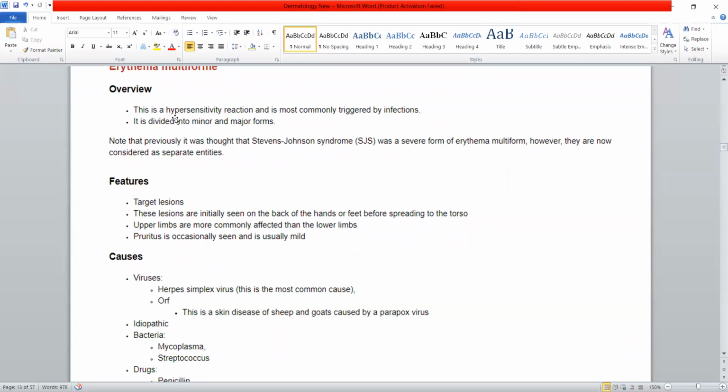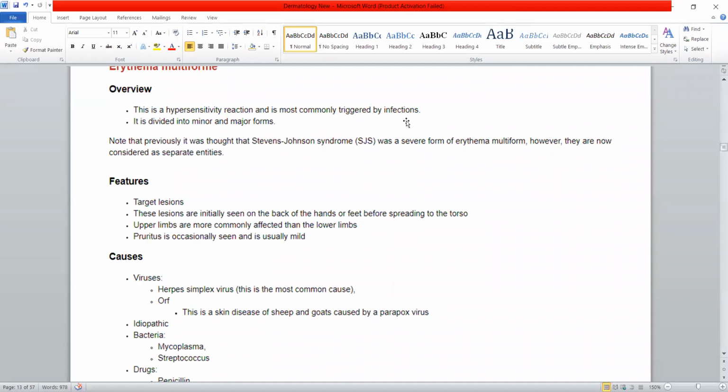Erythema multiforme is a hypersensitivity reaction that is most commonly triggered by infections, as well as drugs. Urticaria is also triggered by drugs, and the important drugs that can trigger urticaria include aspirin and opioids.